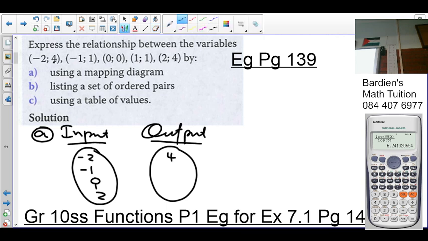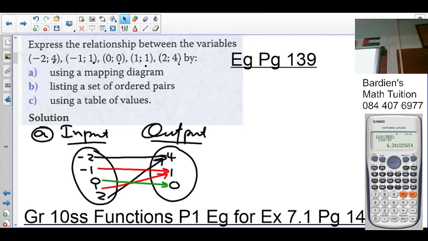The outputs are 4, 1 and 0. 1 is accounted for and 4 is accounted for. So -2 maps onto 4 as well as 2. You all agree with that? -1 maps onto 1 and so does 1. And then 0 maps to 0. There's your mapping. Sorry once again for the previous mistake.